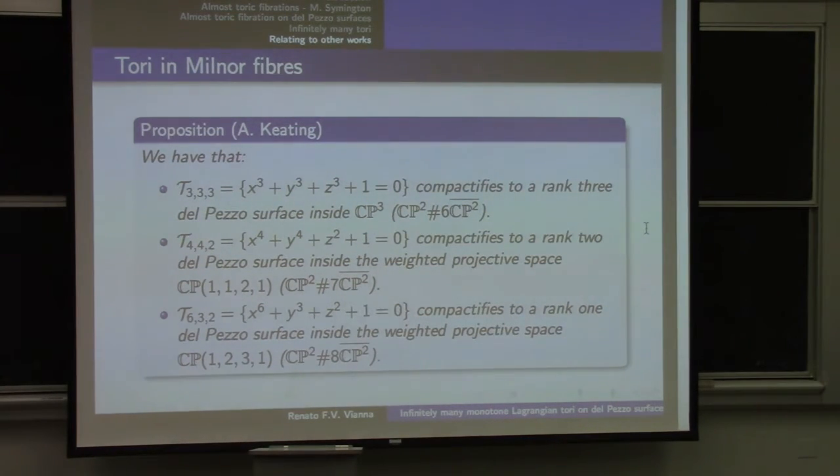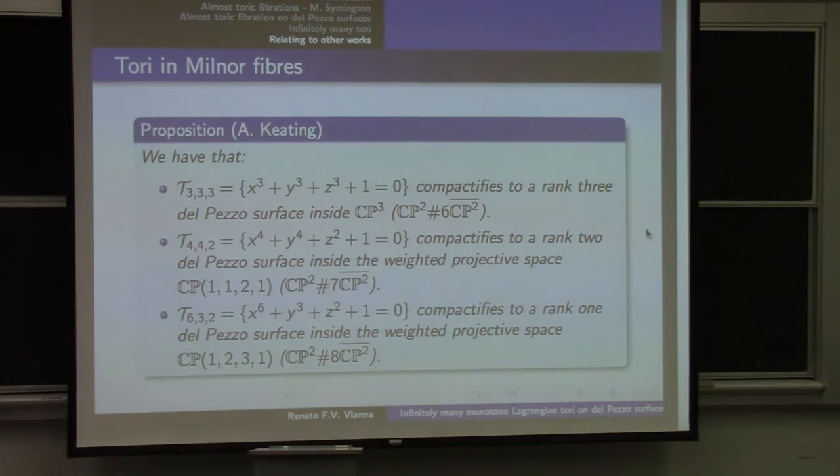So let me just finish by relating with Elsa's talk. She described these monofibers here, and in her paper she also proved that they can compactify to this del Pezzo surface here.